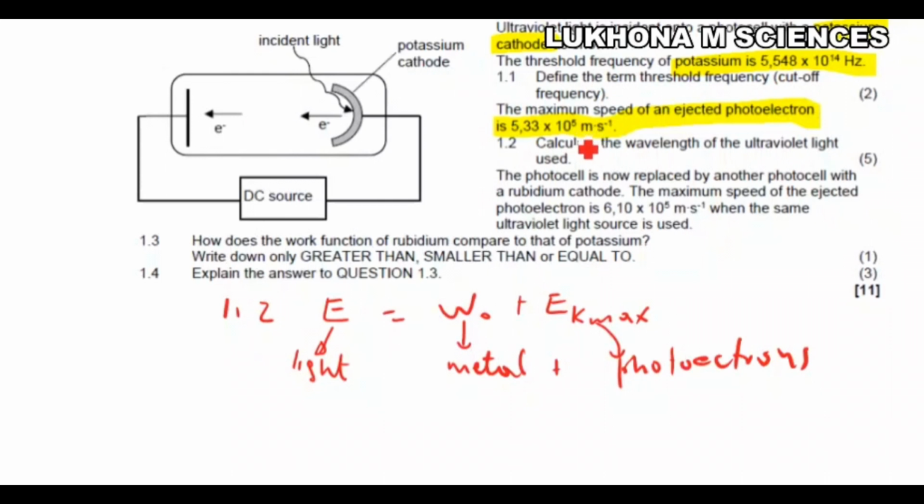So we are given the threshold frequency and the speed. Then the question says calculate the wavelength, which means we are looking for the wavelength of the ultraviolet light, so we are going to change this one to a wavelength.